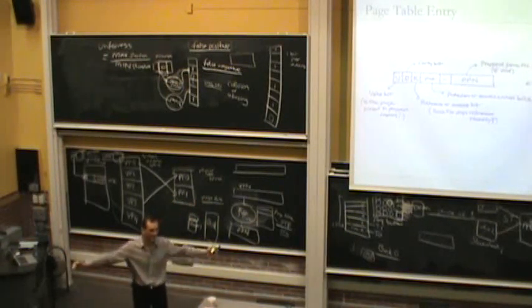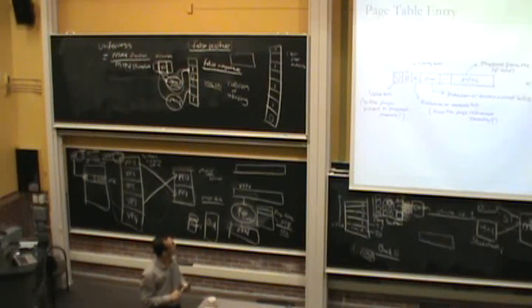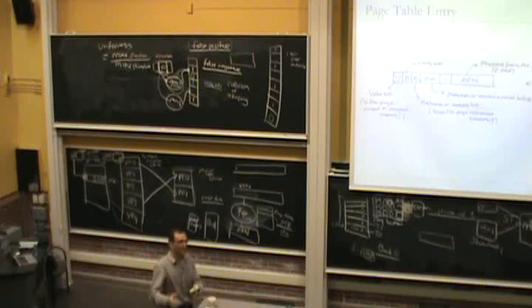And periodically, the OS goes through the page table and clears these reference bits. So this reference bit tells you the page has been accessed after the last time the OS cleared these reference bits. So it tells you this page was recently used.